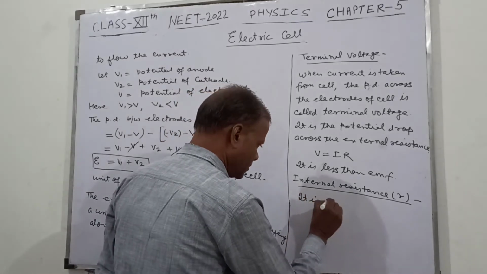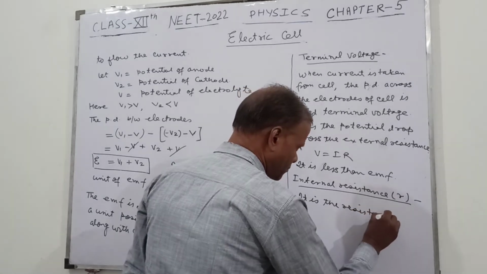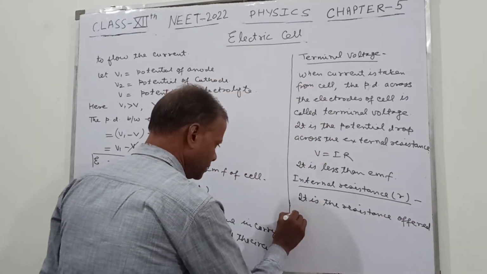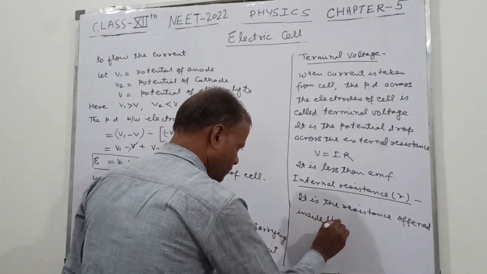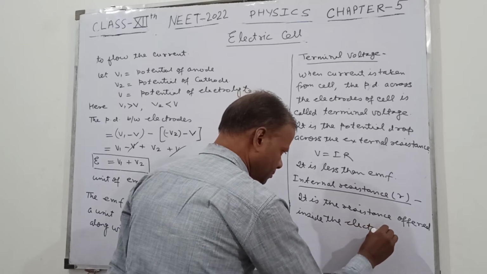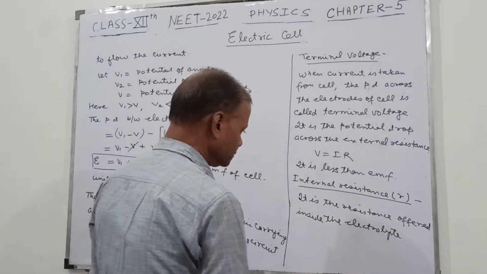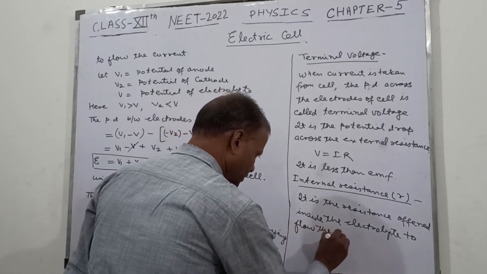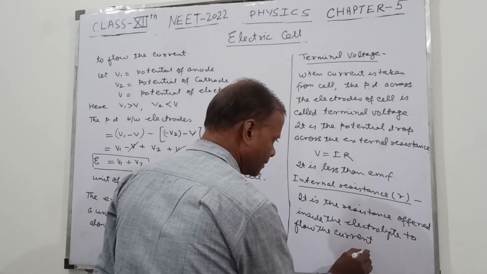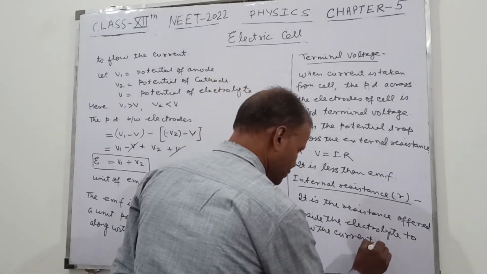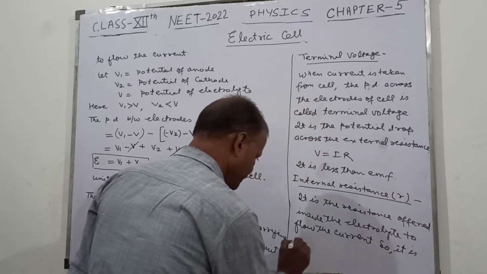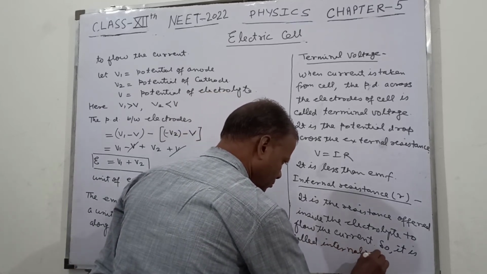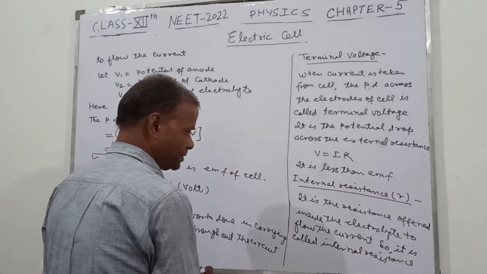It is the resistance offered inside the electrolyte to the flow of current, so it is called internal resistance, denoted by r.